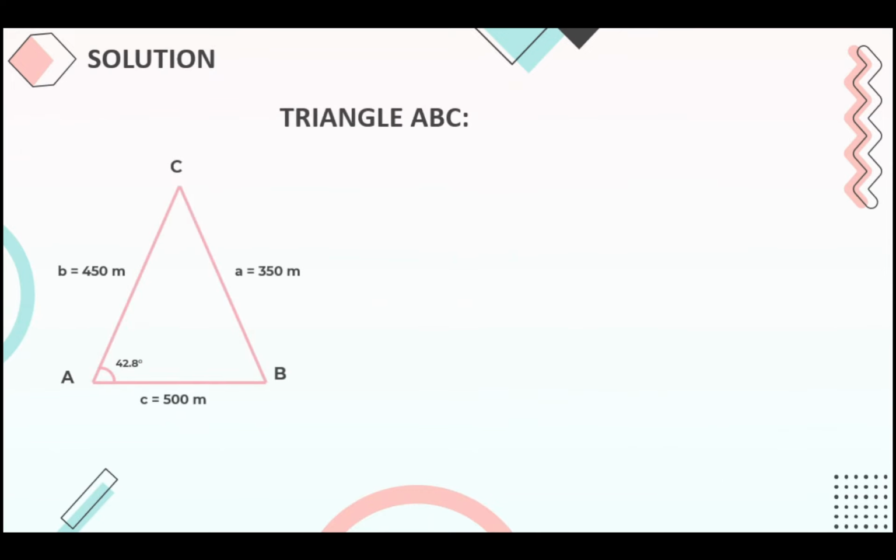we need to get the angle of A using cosine law. Given that a is equal to 350 meters, b is equal to 450 meters, and c is equal to 500 meters.